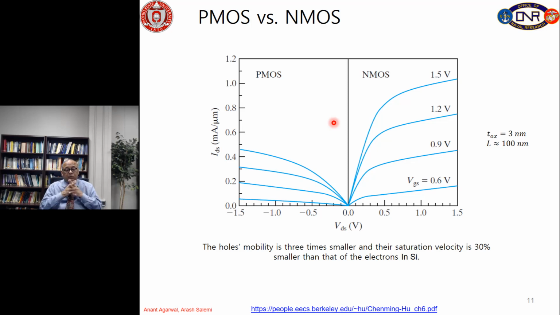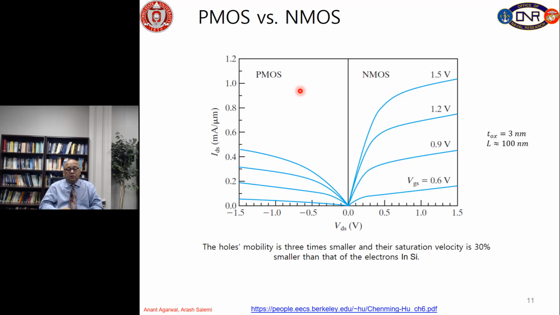Now, we also have a p-channel transistor, which is very similar to the n-channel transistor. The transistor we have been describing is called the NMOS or n-channel transistor because the inversion layer is made of electrons.